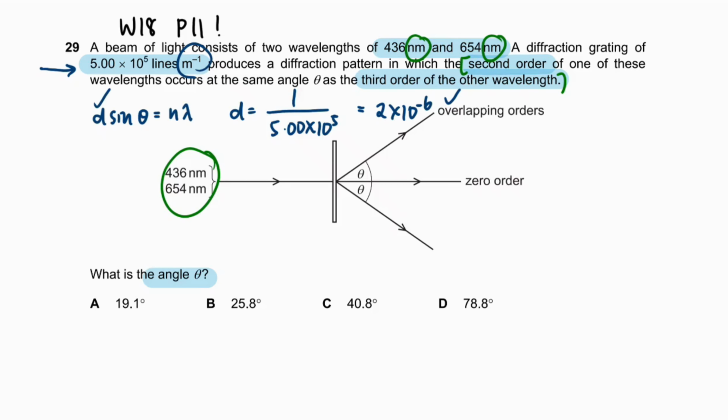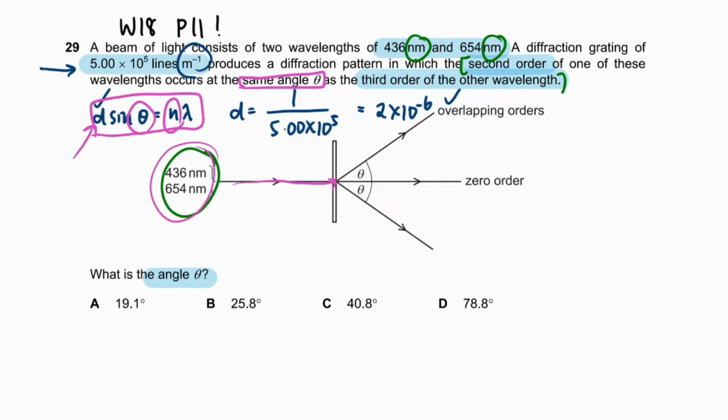Now we need to know which wavelength is for which order, and then we need to find our angle. Let's look at this formula. Your d is constant, because both wavelengths go through the same diffraction grating, therefore they have the same spacing. Your angle is the same because they explicitly mention here, same angle.